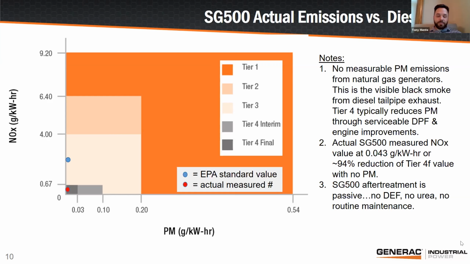The actual catalyst out emissions are 94% less than the Tier 4 final limits for NOx on a diesel engine. And because it's natural gas, you don't have any particulate matter emissions. There's no need for a diesel particulate filter or anything. Natural gas is just a cleaner burning fuel, so you don't see the black smoke out of it.